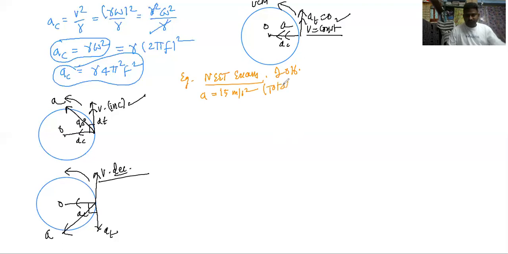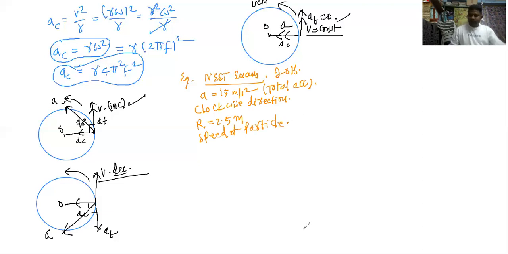They have clearly mentioned the total acceleration of the particle is given. The particle is moving in a clockwise direction in a circle of radius 2.5 meters. So the question is, what is the speed of the particle?